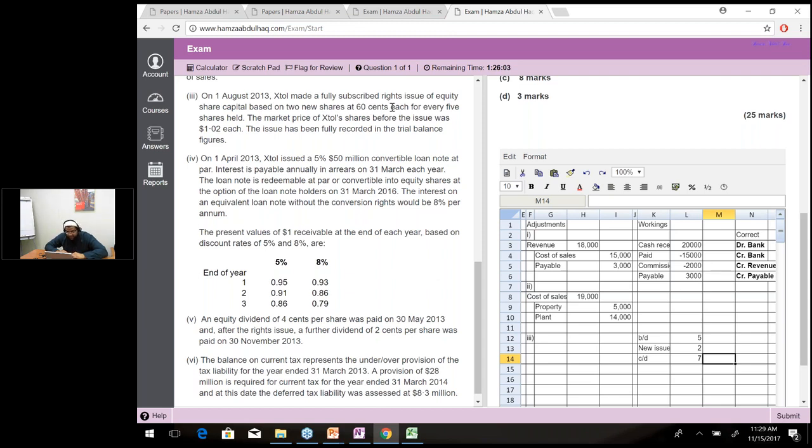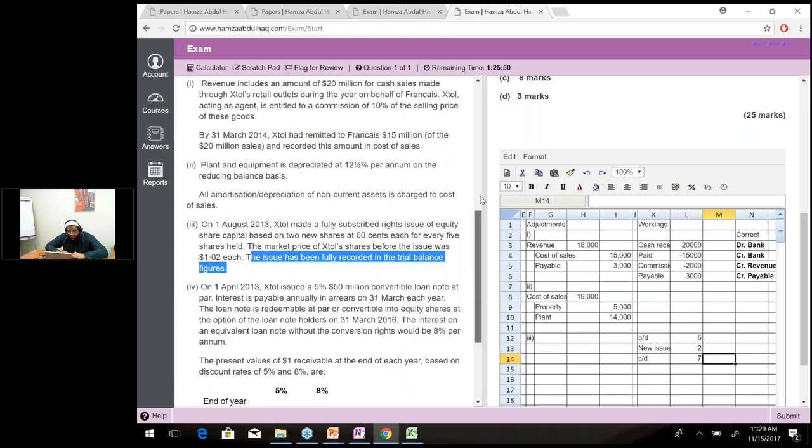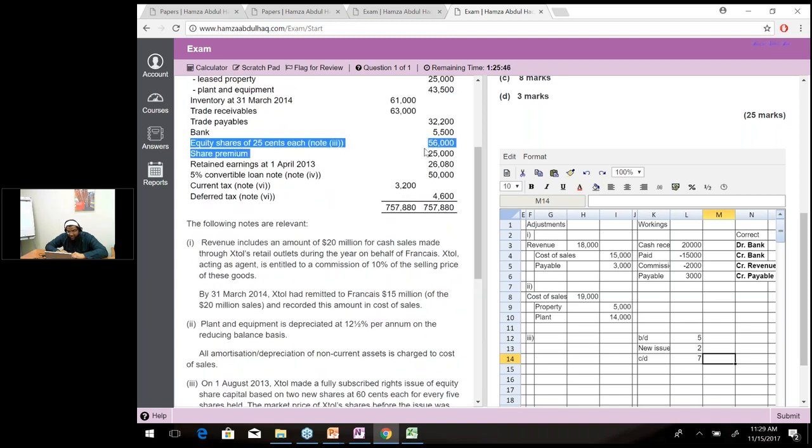So if I read further, the market price of Extol's shares before the issue was 1.02. This is being given to calculate the EPS. The issue has been fully recorded in the trial balance, which means that if I go to the shares of 56,000, is this the brought down value or the carried down value?